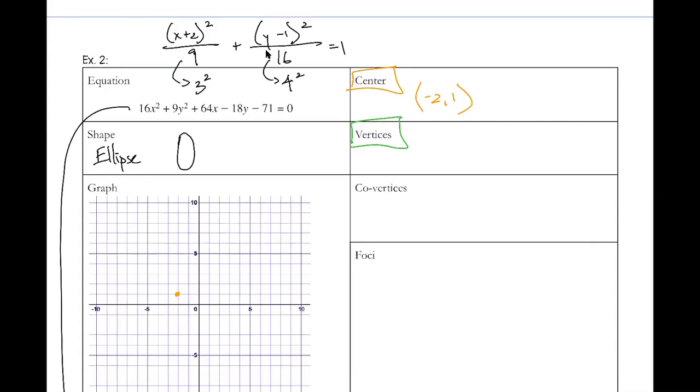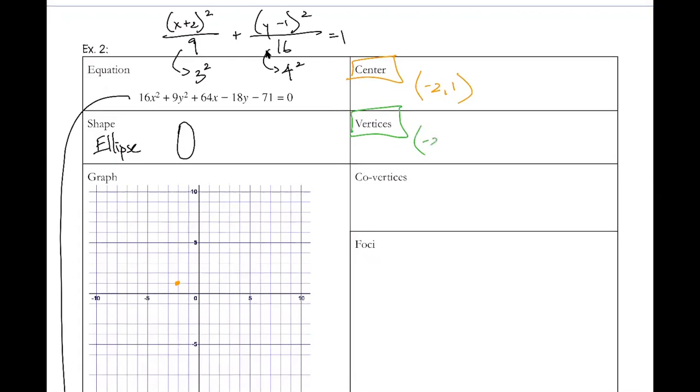K plus A and K minus A. Yeah. What's our K in this case? 1. Yeah, 1 plus 4 and 1 minus 4. So 1 plus or minus 4, right? The 4 is the bigger number, and it's underneath the y, so we add or subtract it to the y.